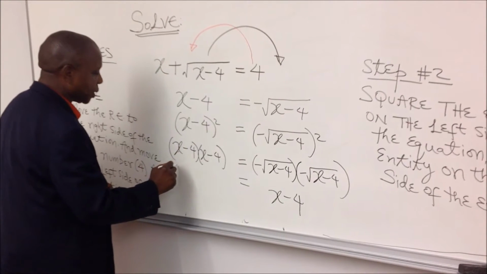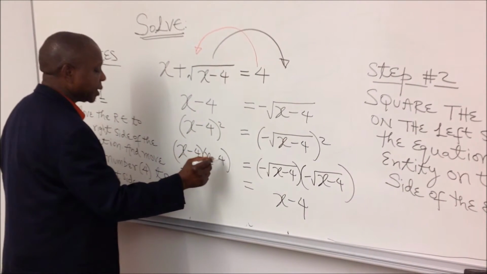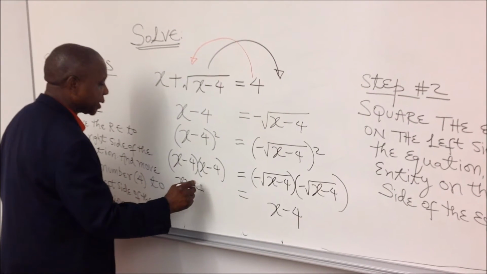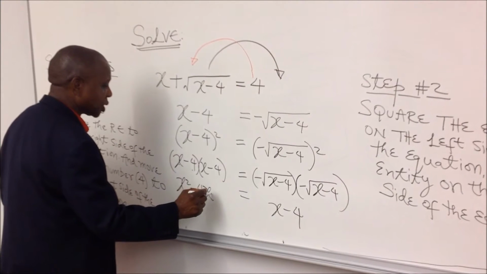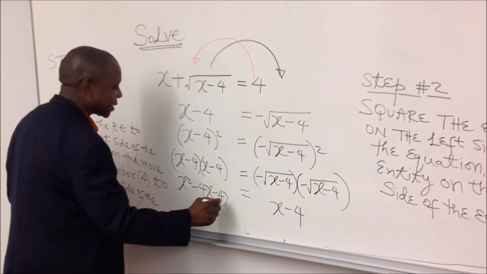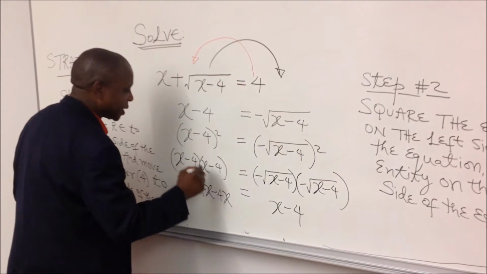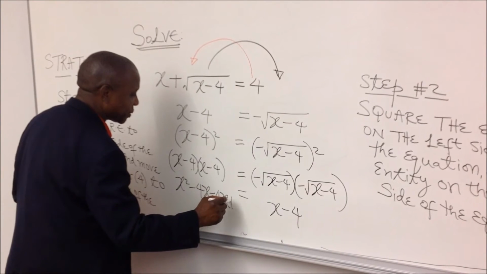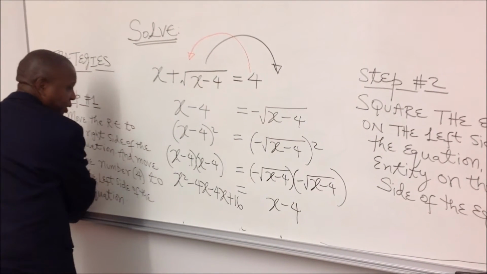X times x, which will be x squared. And x times negative 4, that will be negative 4x. And negative 4 times x, of course, that will be negative 4x. And what about negative 4 times negative 4? That will be what? Positive 16. That will be positive 16.